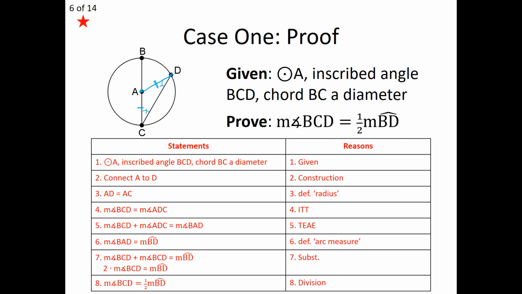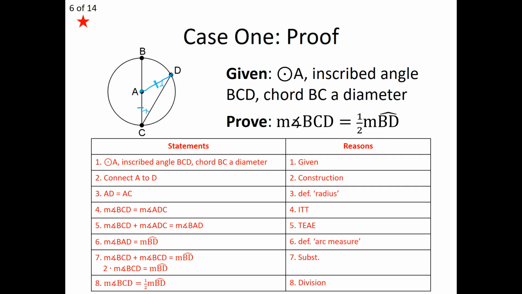So in step 5, we use what we call the triangle exterior angle equality, which says the sum of the remote angles is equal to the measure of their exterior angle. That means the sum of the measure of angle BCD and the measure of angle ADC equals this exterior angle BAD. Well, there's something also important going on about that exterior angle BAD.